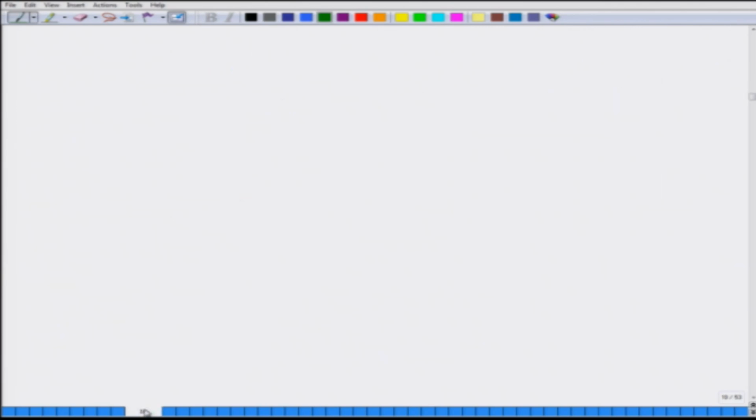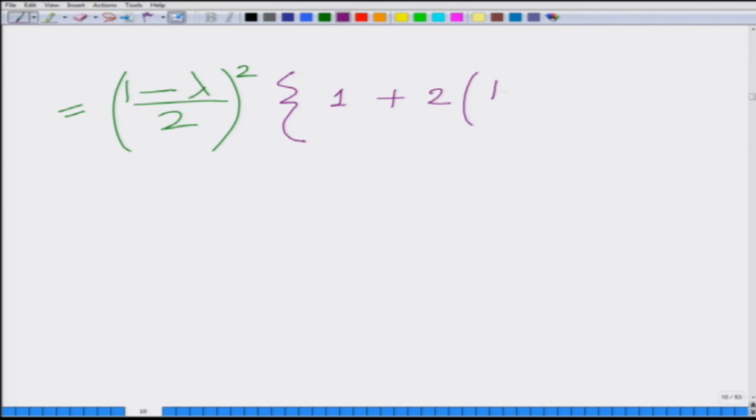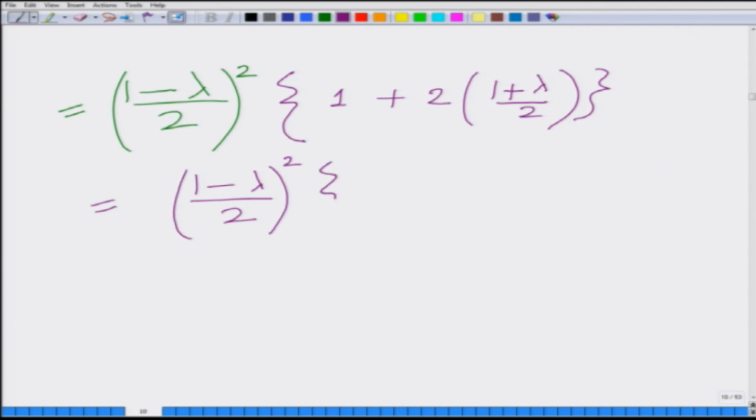So, the net expression is obtained as (1 minus lambda over 2) whole square times (1 plus 2 times (1 plus lambda) divided by 2), and this can be simplified as (1 minus lambda) whole square times (1 plus lambda), that is 2 plus lambda.